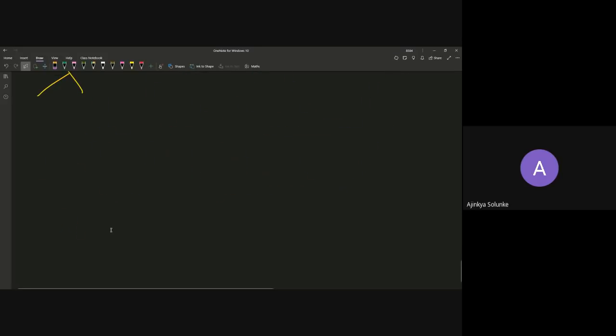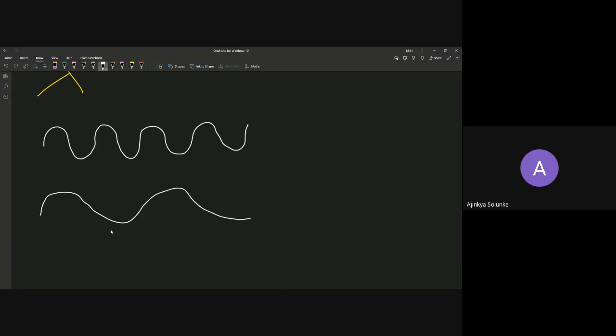Now suppose we have two waves, something like this. This is my first wave and this is my second wave. If this is lambda 1 and this is lambda 2, by looking at the figure, can you tell me which one is larger, lambda 1 or lambda 2? It's a distance we are talking about.